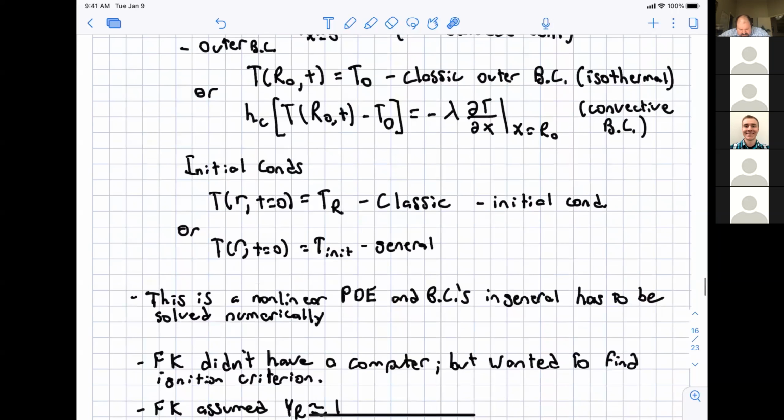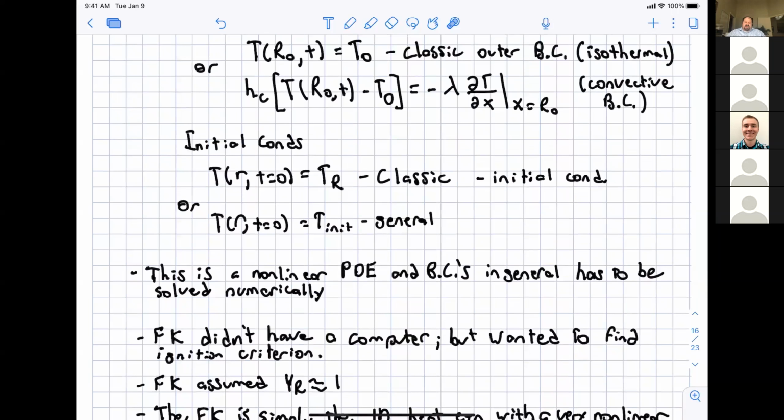And so those are the initial and boundary conditions. So are there any questions with this?